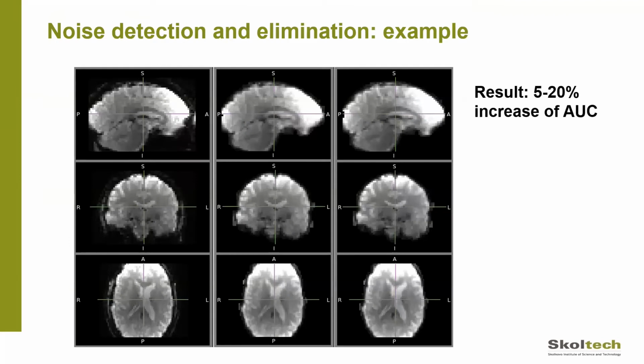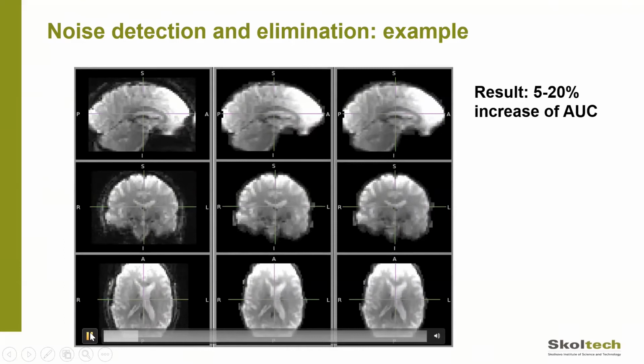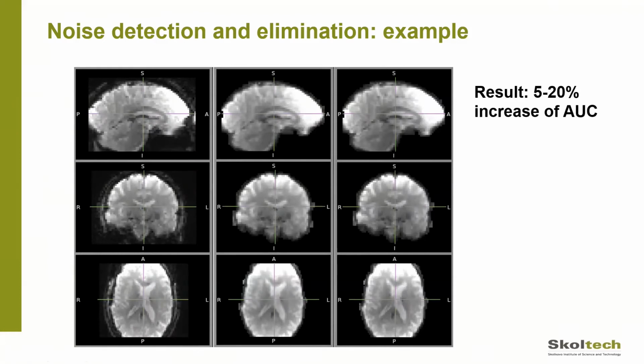Let me just show. You see that here the brain even changed its position, and here it doesn't change its position. It's because in these measurements there was a signal induced by movements of a person lying inside the fMRI scanner, so-called movement artifacts.